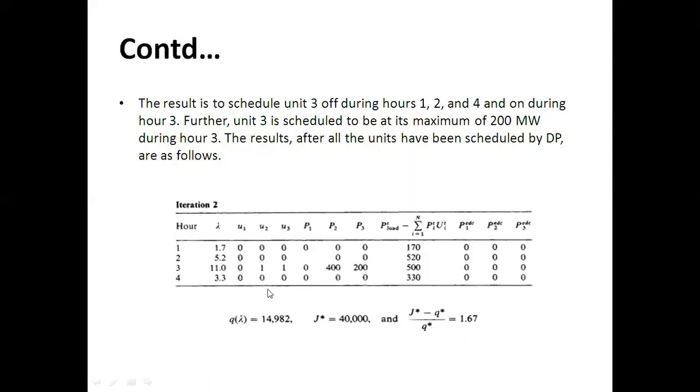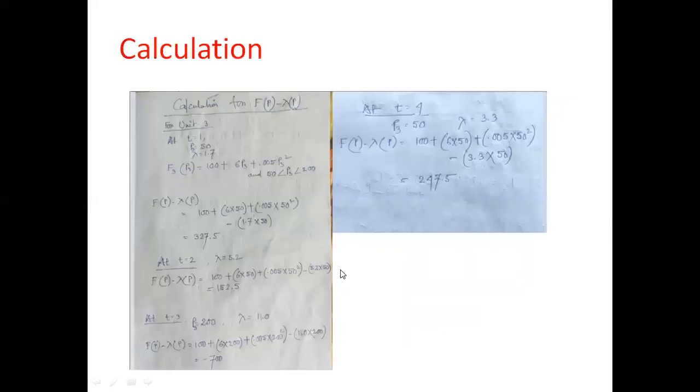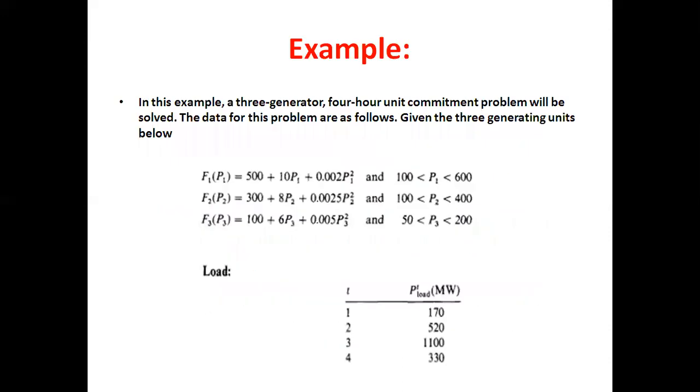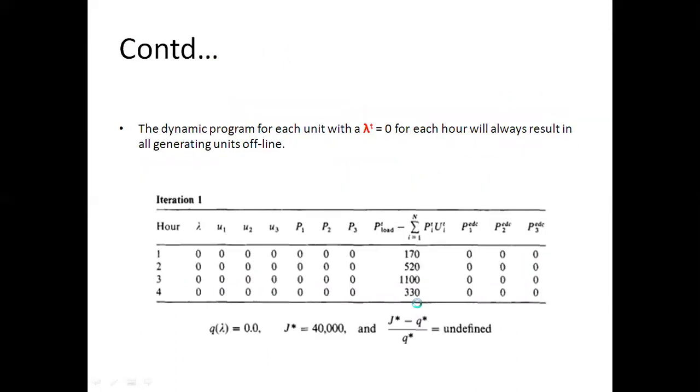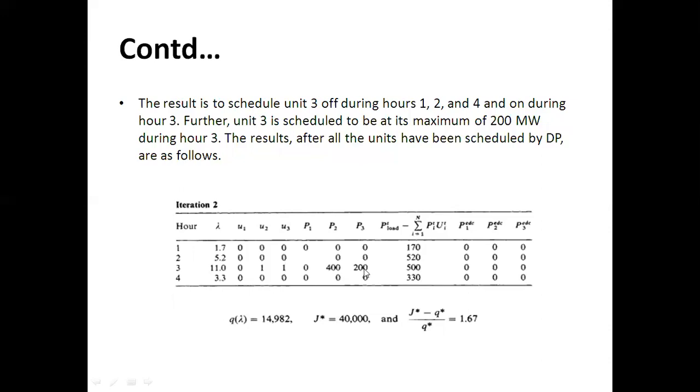In this way, we calculate the new values of alpha for the second iteration: 1.7, 5.2, 11.0, and 3.3. Now the values of P2 and P3 are known to us: 400 and 200. Just putting those values, 400 and 200.